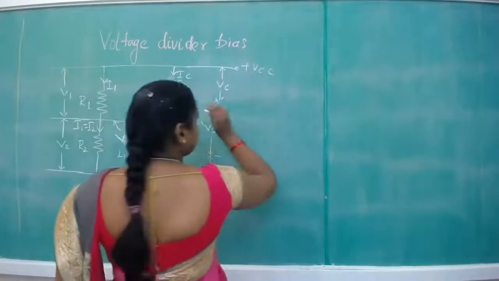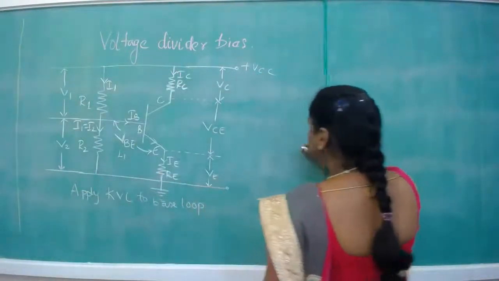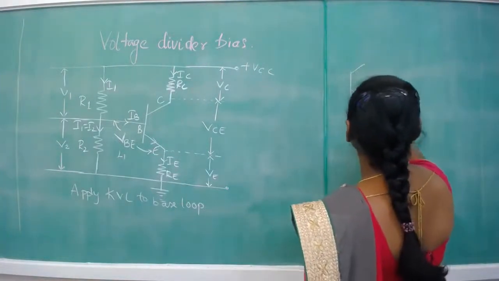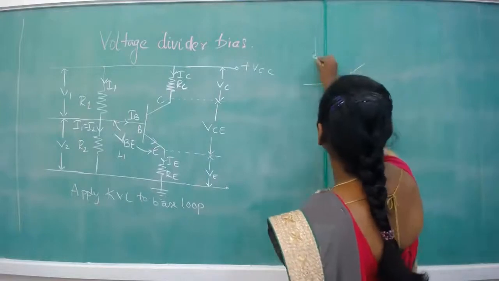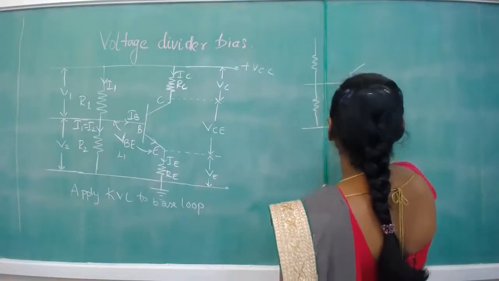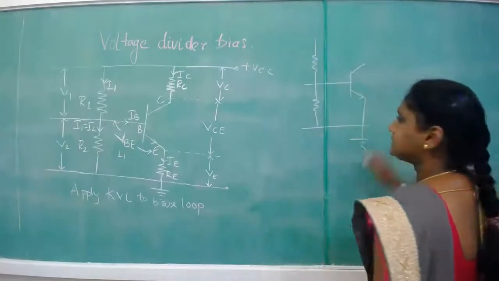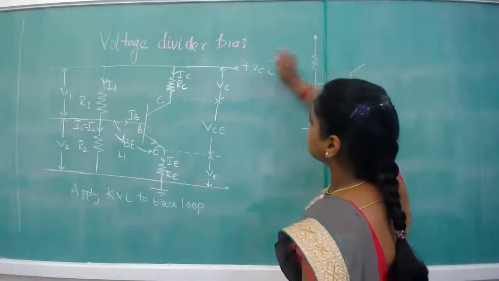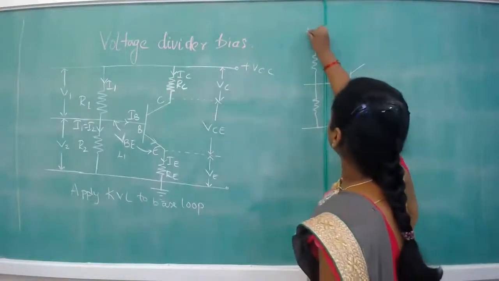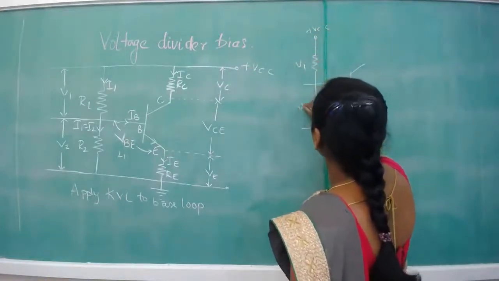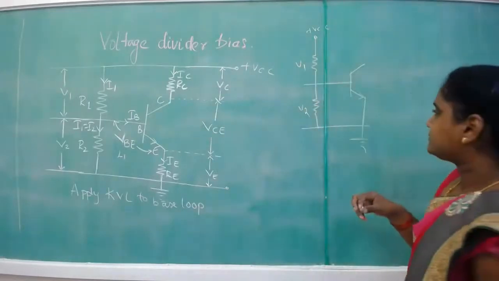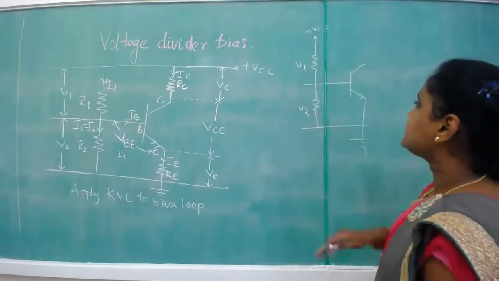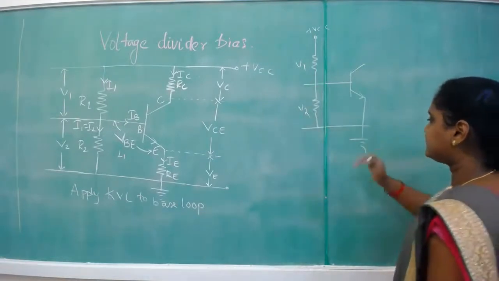Here, I will show it in terms of another circuit, where the two resistors are connected like this. We are ignoring the collector portion here, so we can see that VCC is applied like this, plus VCC. So the total voltage will be V1 and V2. What we can see here is that total VCC is V1 plus V2. First we will write this one.